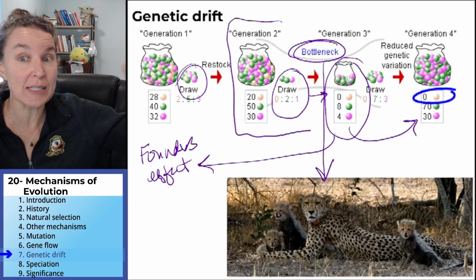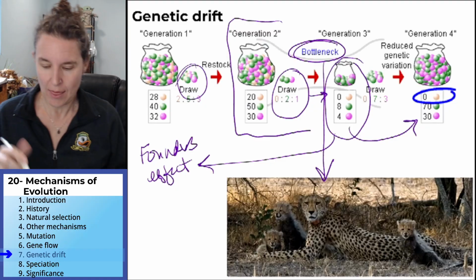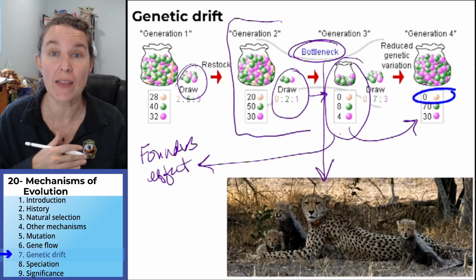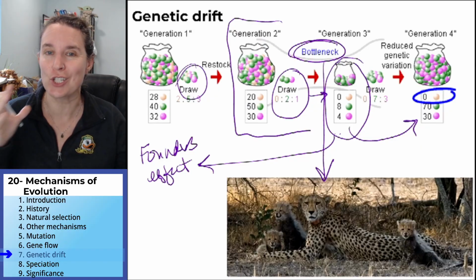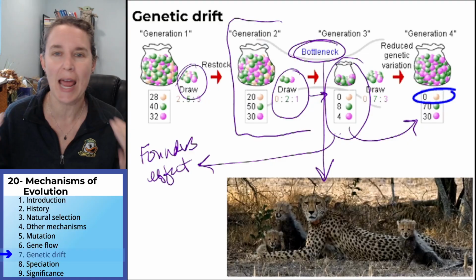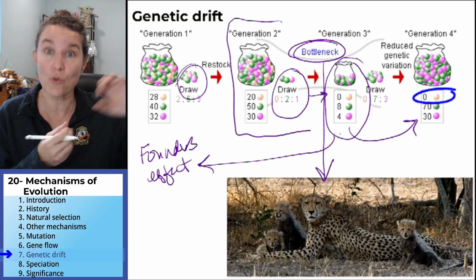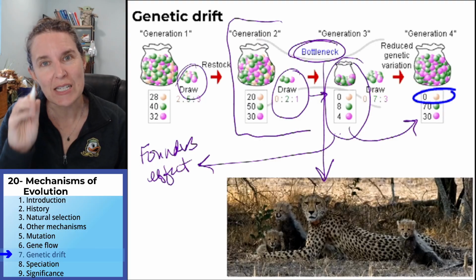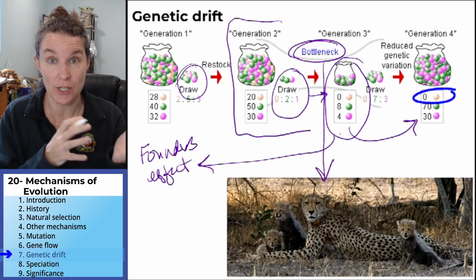And that new place has an allele frequency that's different than the original population. It's a change in allele frequency that happens because a small group split off and did their own thing.